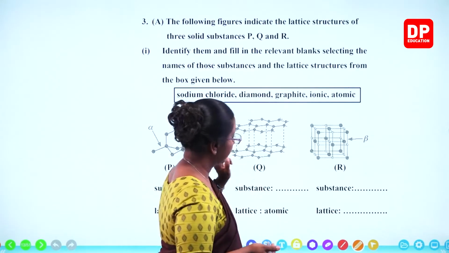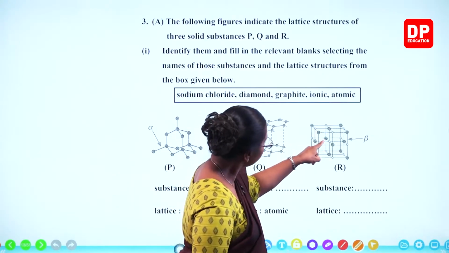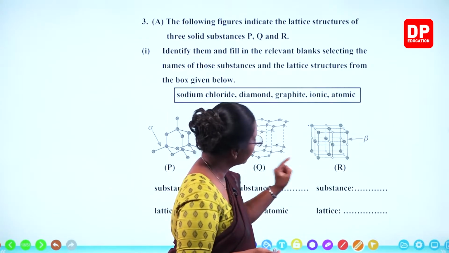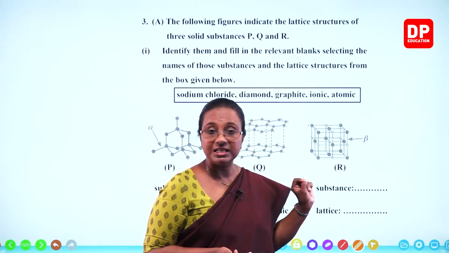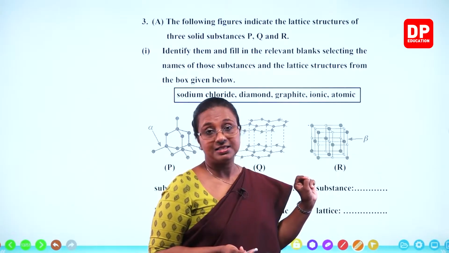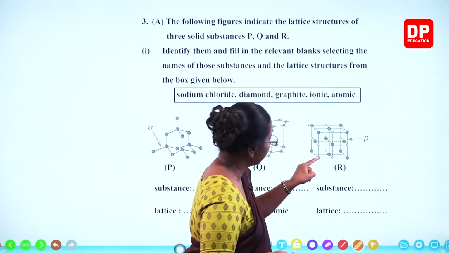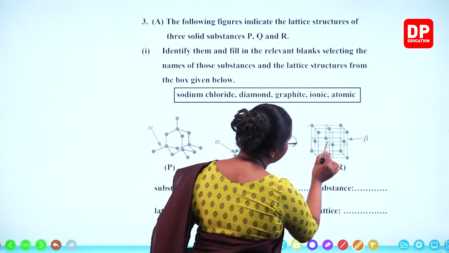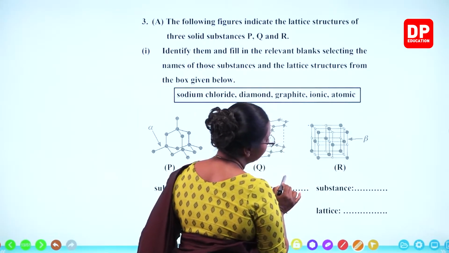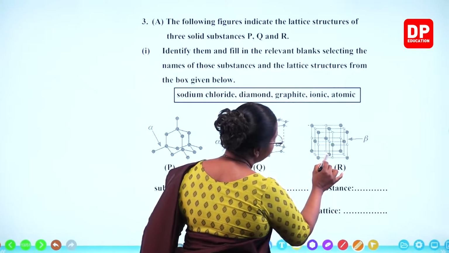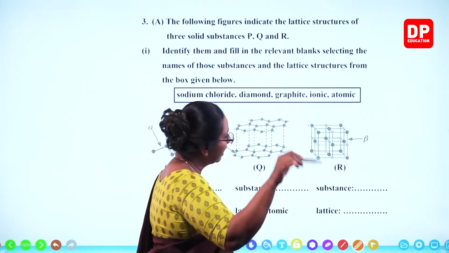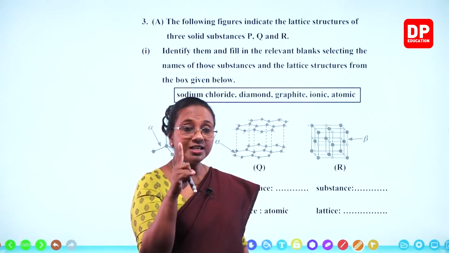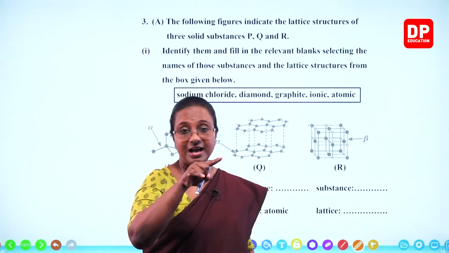Then the last one, look at it. Now, there are two types of atoms shown. Then you know this is not an atomic structure, actually it is an ionic lattice. Two different ions and the sizes are different. If you take one ion, the middle white colored one, there are 6 black colored ions around it.